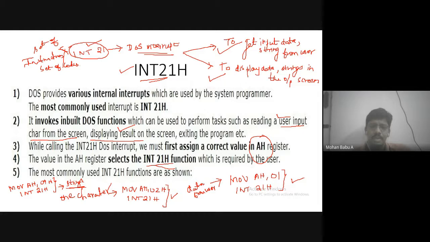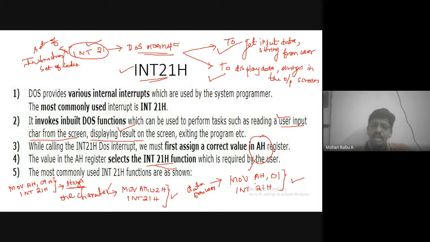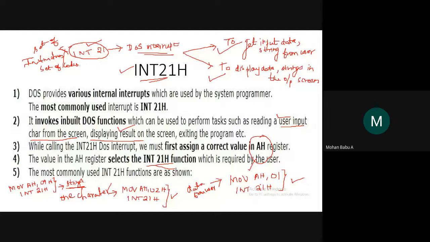If you want data input from users in 8086 programming, you will need to type this set of codes. If you assign AH with value 01, INT 21H, this instruction will help you to get 8-bit data as input from the users.